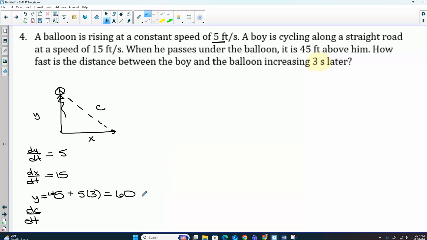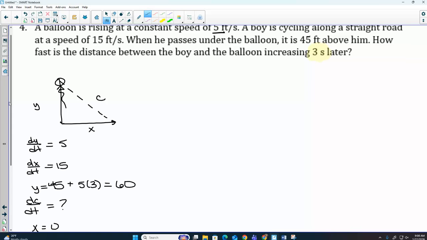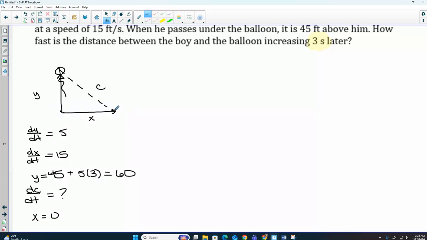At that time, our x, so we could think when this started, the boy was right underneath it. We know that every second the boy rides 15 feet. So 3 seconds later, how far has he gone? So at the instant I need, my x is 45.